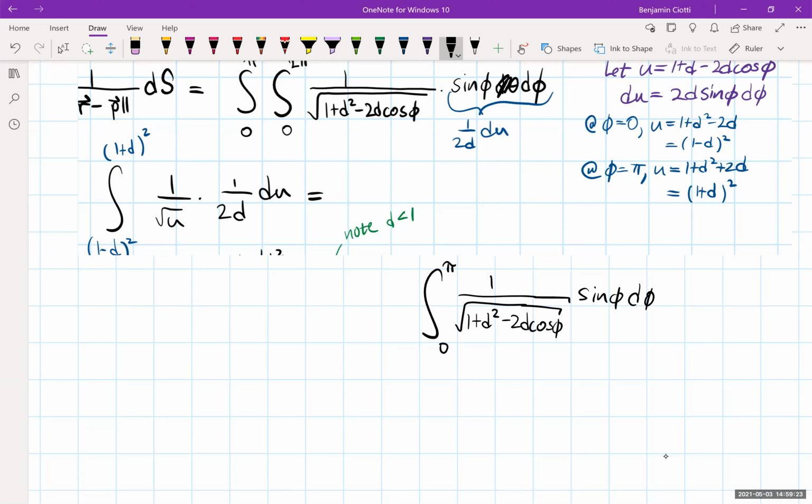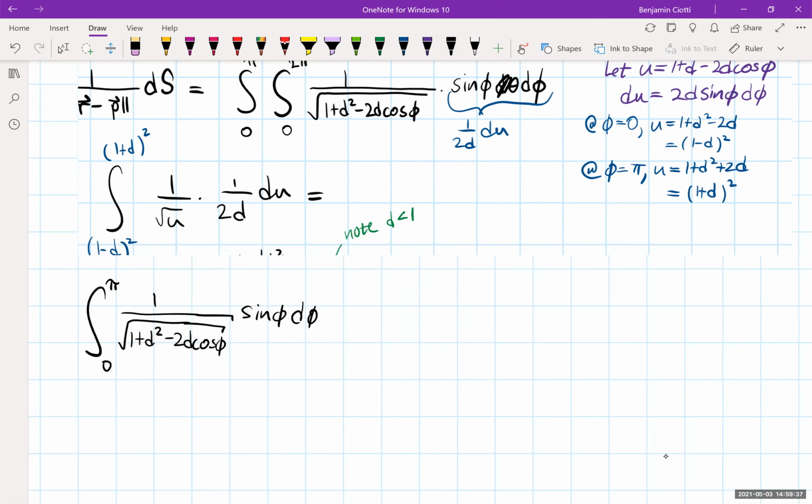What would be a good substitution? You can see that you can do it with a substitution. If you just make all of this equal to your u, then this term here is almost your du.